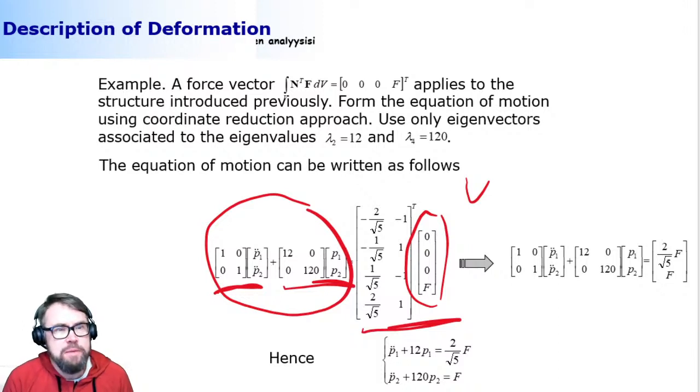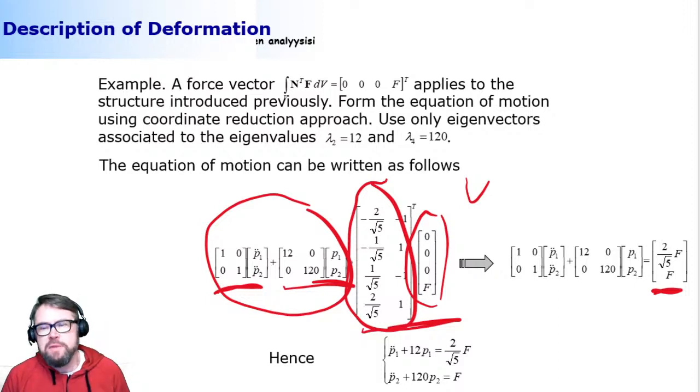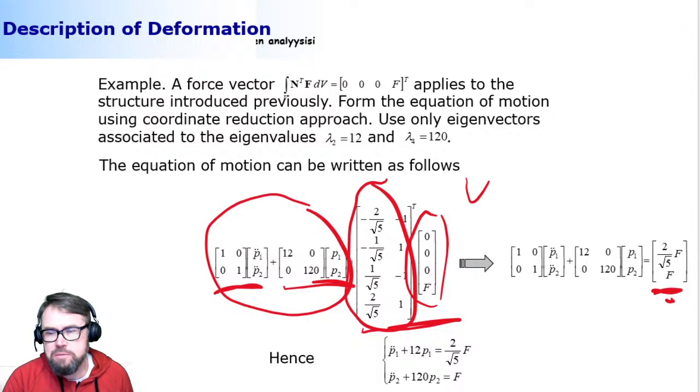So how can I make it happen? Again, I'm going to take my ways of deformation and use them to multiply by the forces. Now I'm going to get, as the result, two components because of two modal coordinates, and my final reduced equation of motion looks like this.